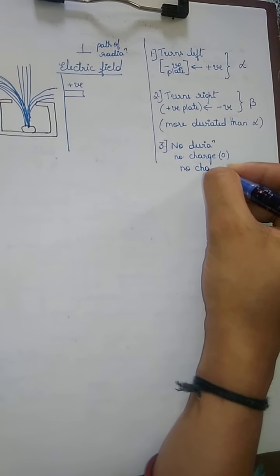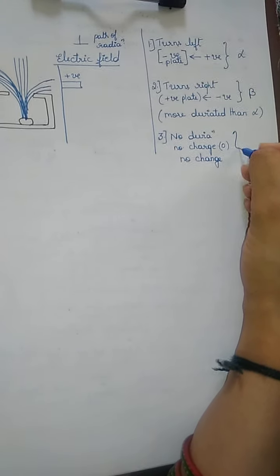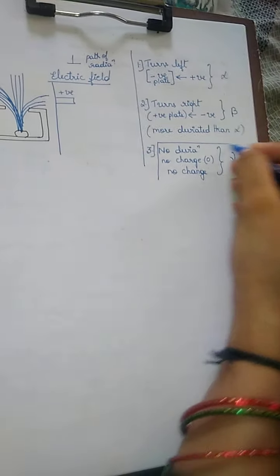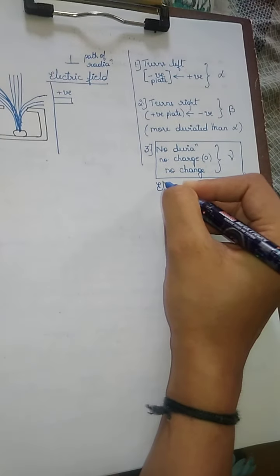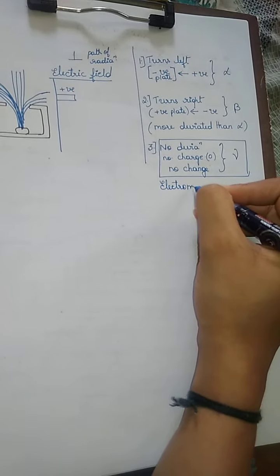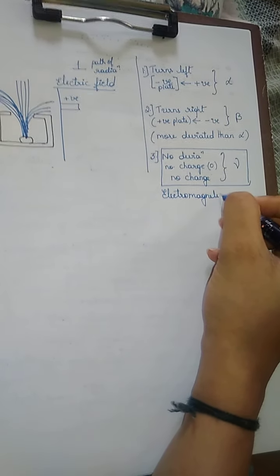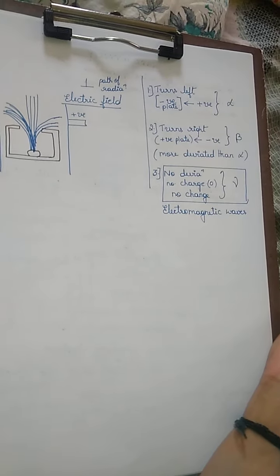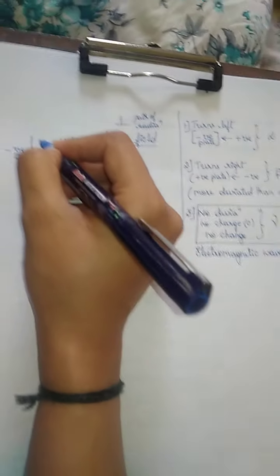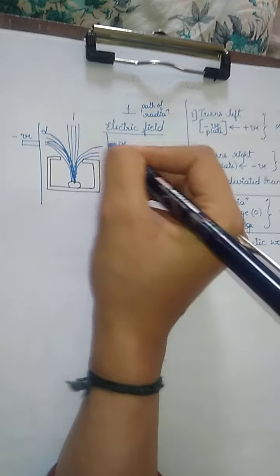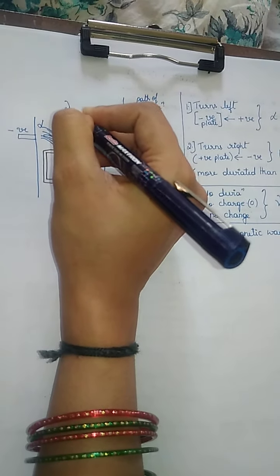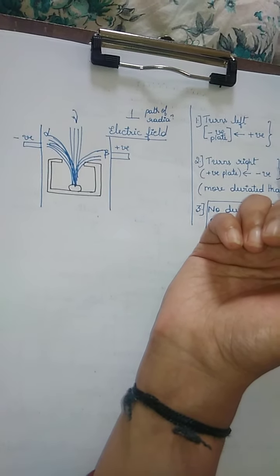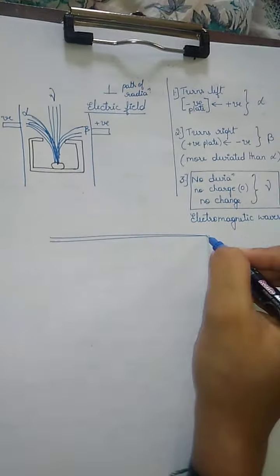This was called the gamma rays, which is again called an electromagnetic wave. So this is the alpha rays, beta rays and gamma rays. Again the same observation.